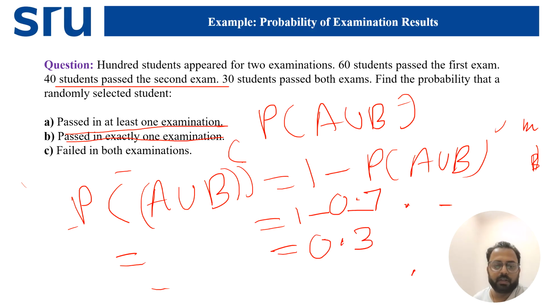So the probability of failing both examinations is 0.3.